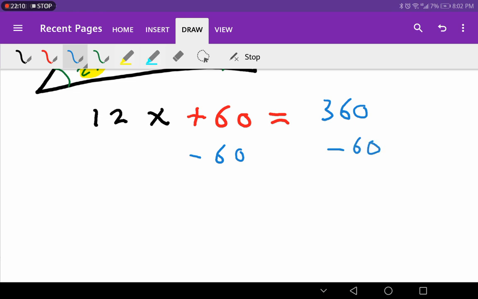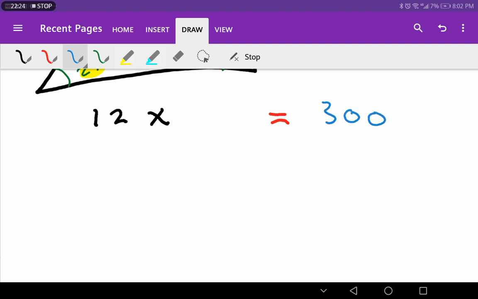Okay, now this is eliminated, and we do this calculation. This will be 300. Then we divide by 12 and divide by 12. x equal 300 over 12.